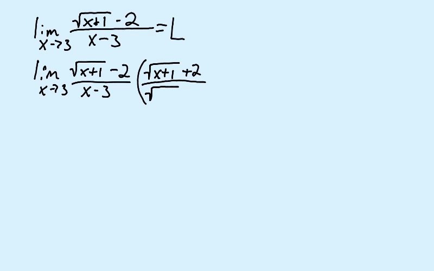Okay, this is using the difference of two squares. If you need to, we can go back over difference of two squares tomorrow in class. And this should leave me with x plus 1 minus 4 in the numerator, and then my two different factors in the denominator.